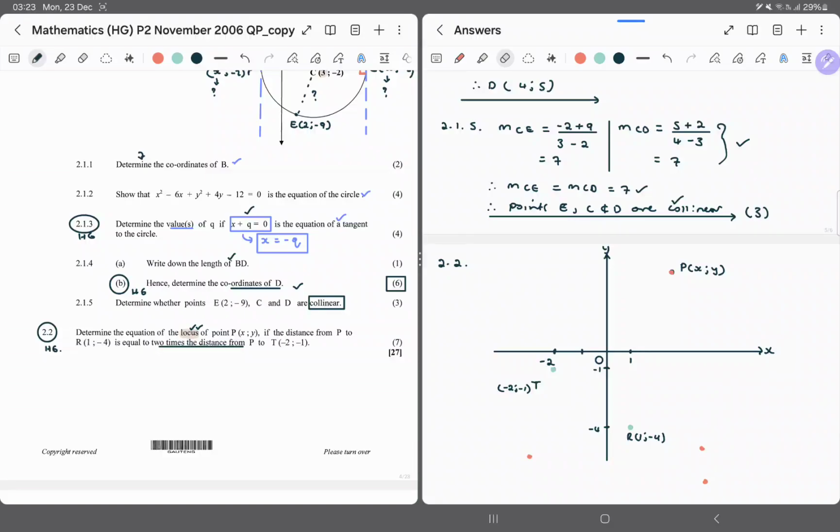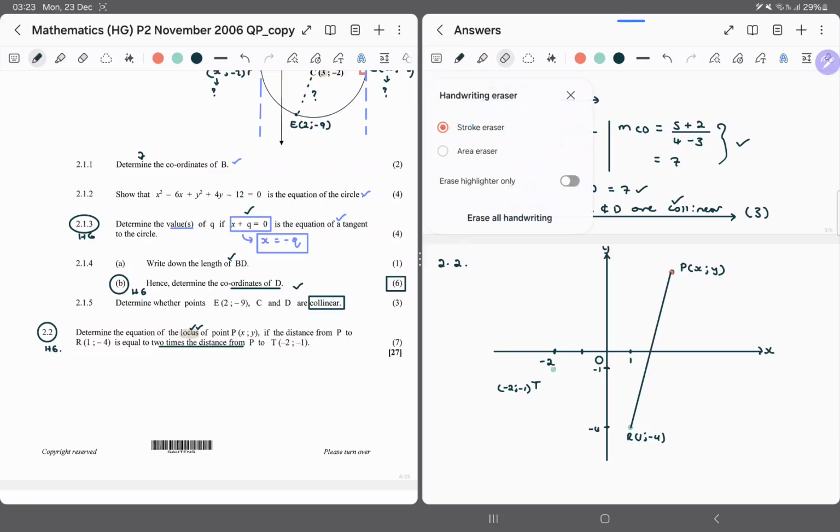So again, a strategy is important. Do we really want to do collinear points? Maybe, but no information was given. So this one is bad if we try it. So let's just leave that point P in the first quadrant. We are told here that the distance from P to R is equal to 2 times. So from P to R, we draw this one. Wherever P comes from, we just do it.